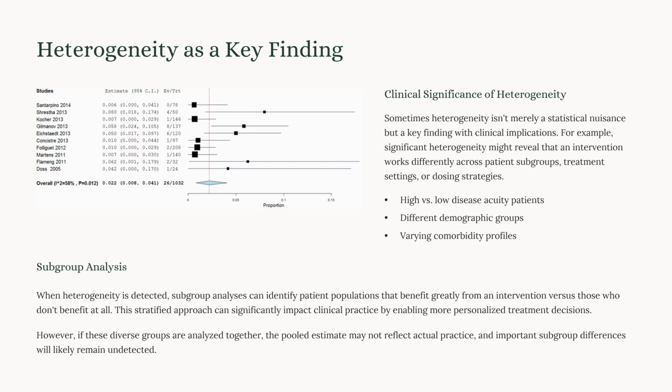So doing those subgroup analyses will help you to understand the pooled effect and whether or not it's more applicable to certain subgroups, right? High versus low disease acuity patients, different demographics, males versus females, or maybe different previous medical histories. And it'll tell you whether or not your treatment is more applicable or more useful or has more side effects, whatever you're looking at for your outcome in various subpopulations.